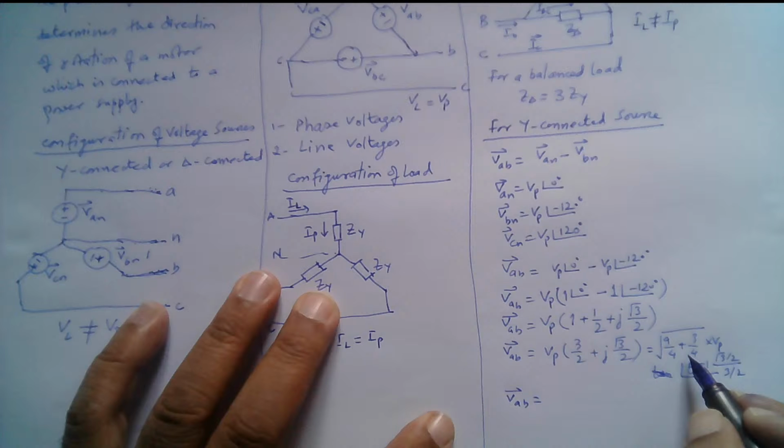In a similar manner, we calculated VAB here as VAN minus VBN.